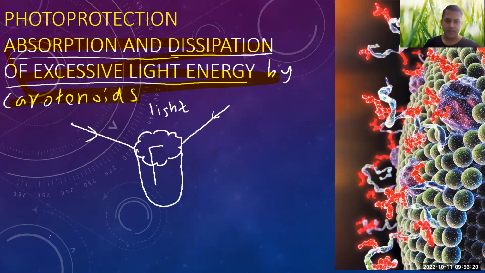So the middle is the reaction center. All light captured by the light harvesting complex finally moves into the reaction center. So when the light is absorbed, it is brought to the reaction center by distributing everywhere, not as a very strong spot of the light.